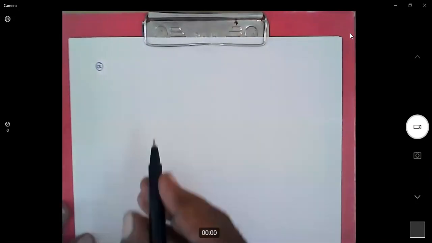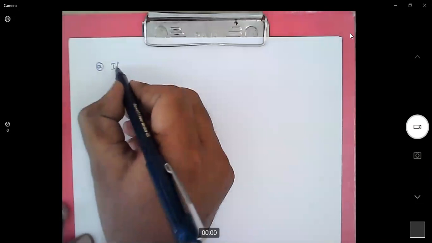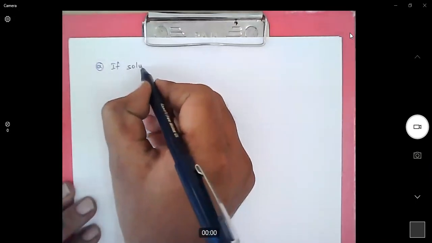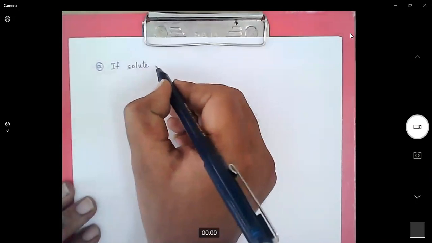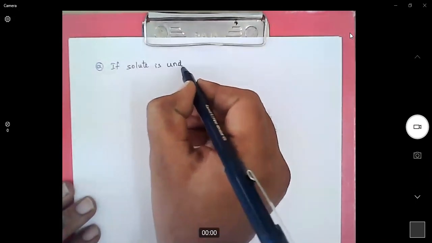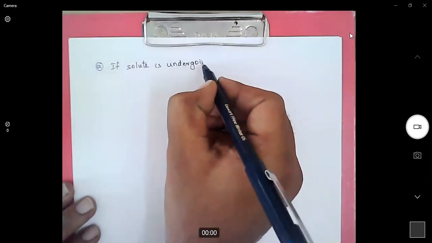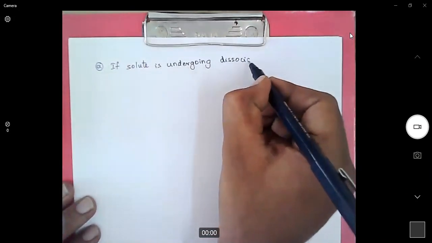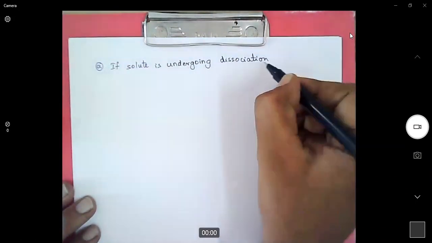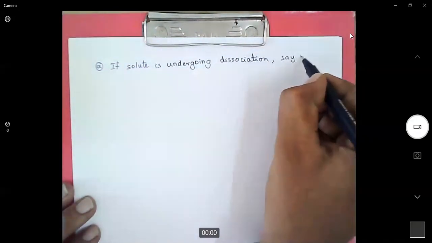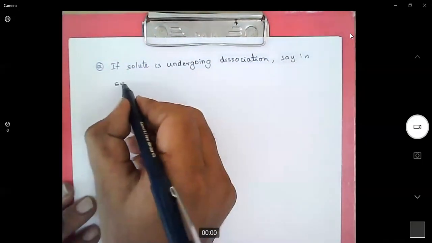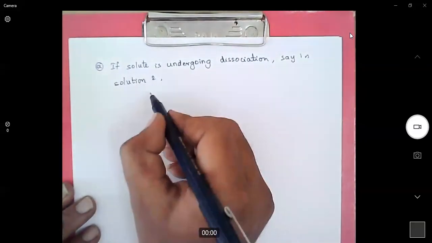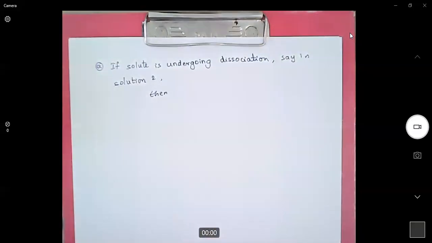But if we know a solute undergoes dissociation, say in solution 2, then the partition coefficient can be modified.